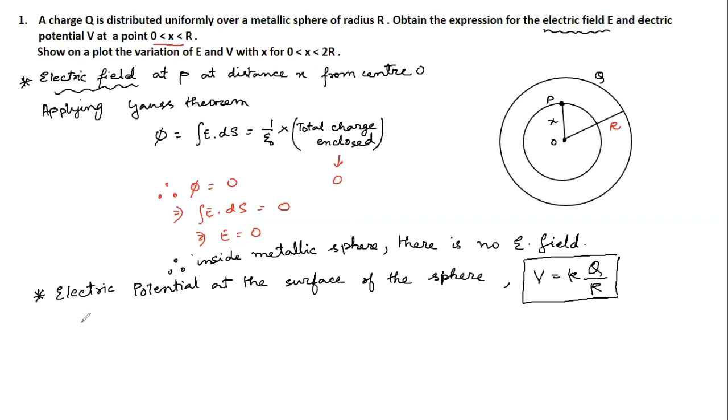Now, since you don't have any electric field, there will be no work done in moving a charge inside this shell. And since no work is done, the potential inside this sphere also will remain the same.